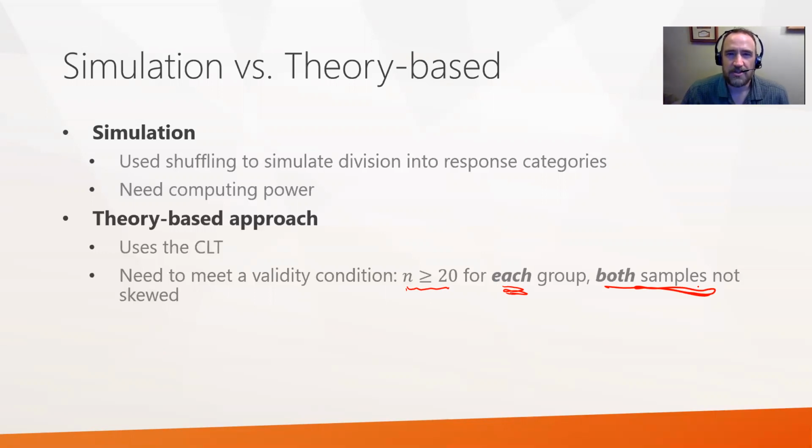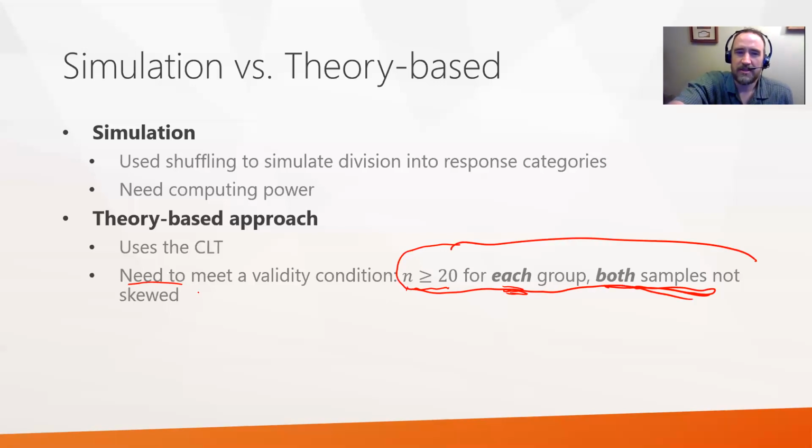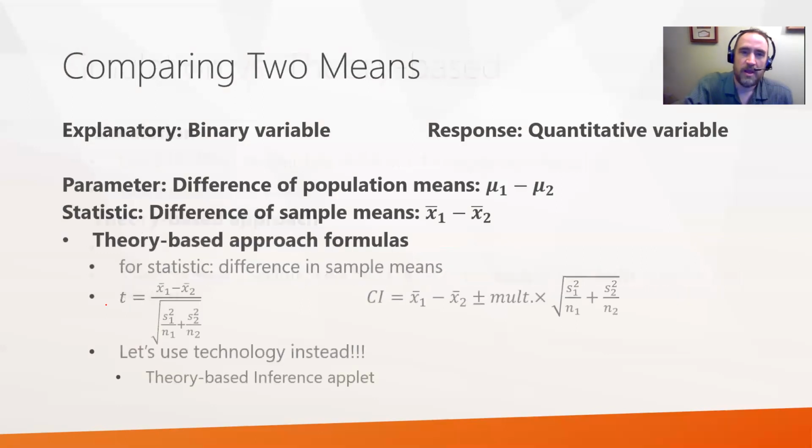We can't have strong skew or heavy outliers in either of the groups. Once we know that we meet this condition, it's big enough and it's not very strange, then we know that we can use a theory-based approach, which is a lot less computationally heavy and therefore can be nice when we have large samples.